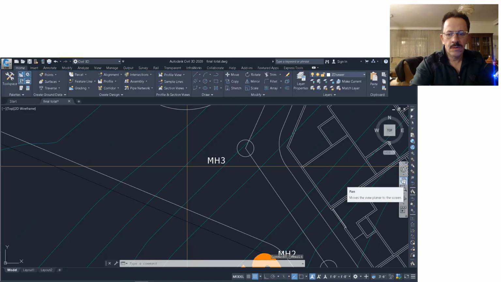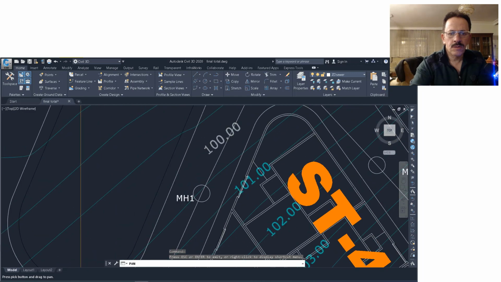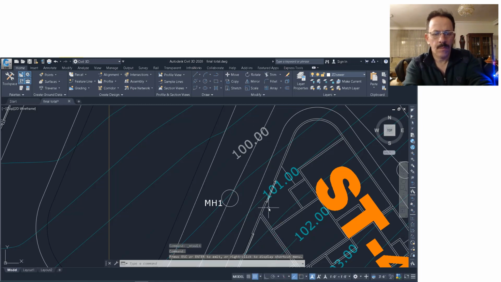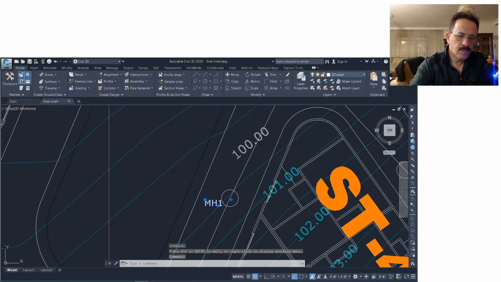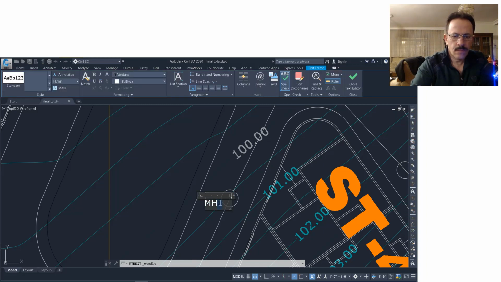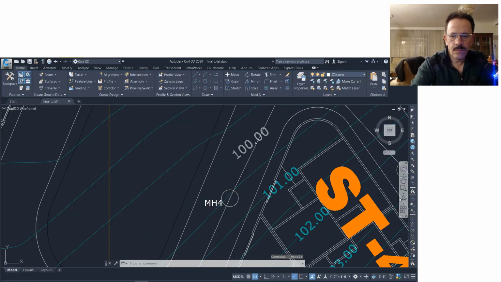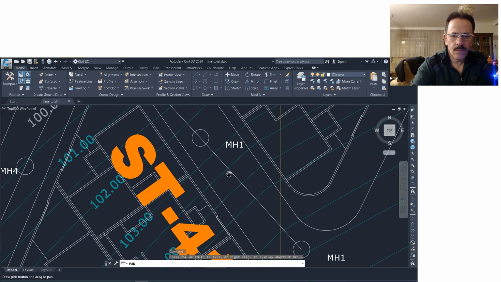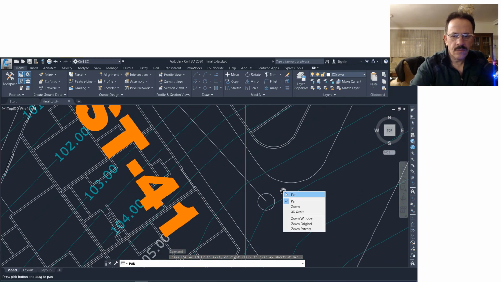And this way we have to have manhole number 4. And 5.